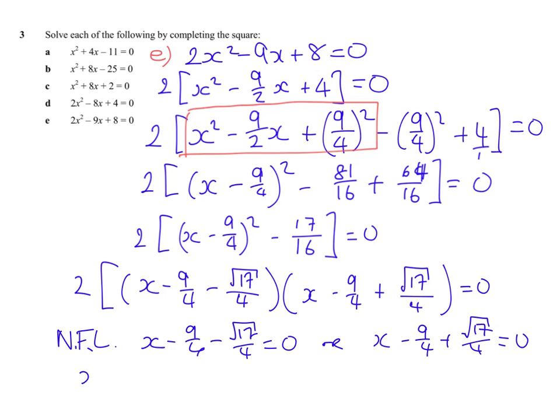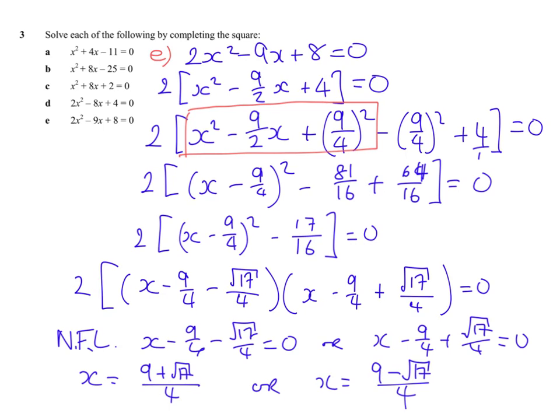So now I get x equals 9, take that, plus root 17, and then I can put it all over 4, or x equals 9 minus root 17 over 4. And there's my 2 solutions.